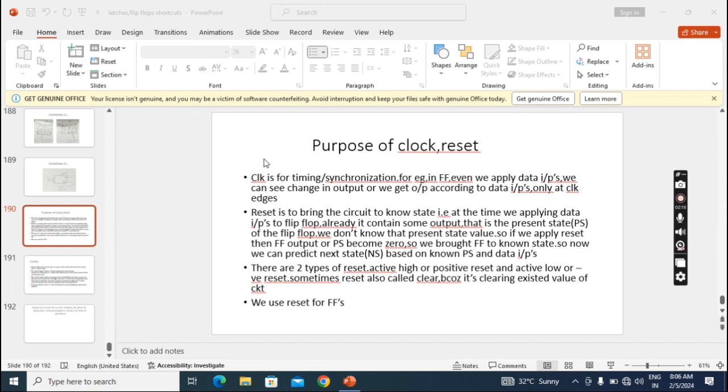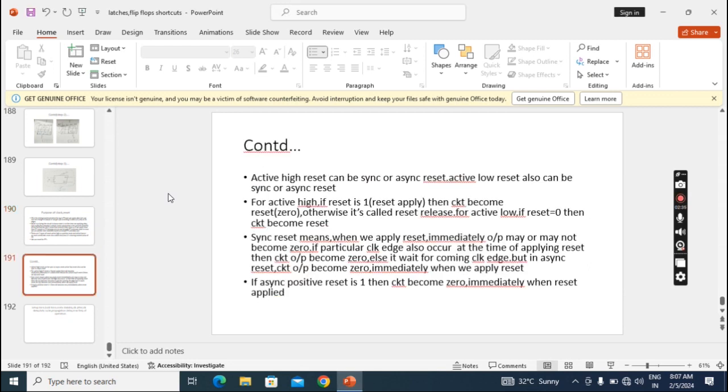Okay, so this reset is of two types: active high or positive reset or pos edge reset, and another one is active low or negative reset or neg edge reset. Generally we apply reset to the flip-flops. Suppose if we take positive reset, when we apply 1 to the positive reset, the circuit will become reset.